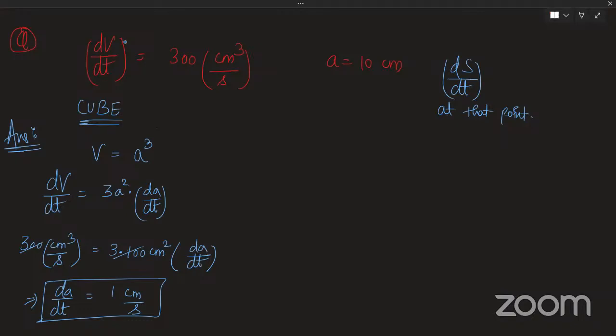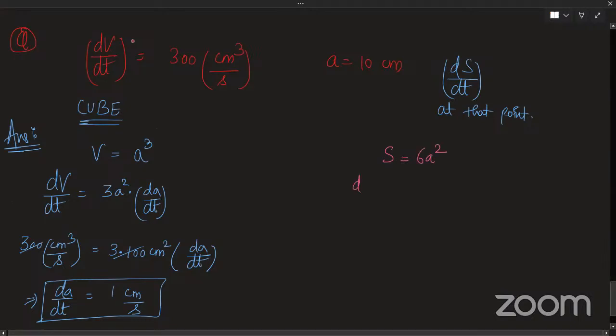From this value of dA by dt, it is asking me the value of dS by dt, the rate of change of surface area with respect to time. Can I write my surface area as a function of A? Yes, I can write it as 6A square. If I take the derivative on both sides with respect to time, it will be 12A into dA by dt. I know the value of A and I have calculated dA by dt.